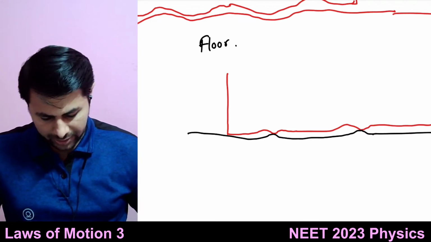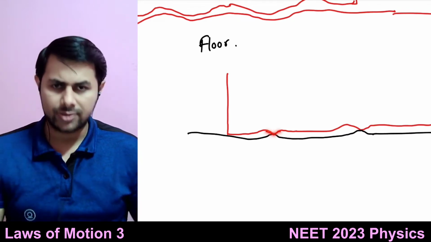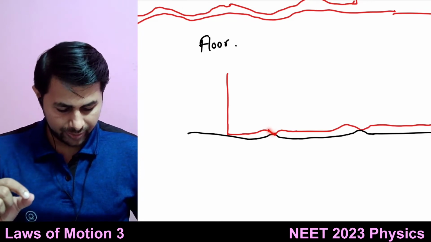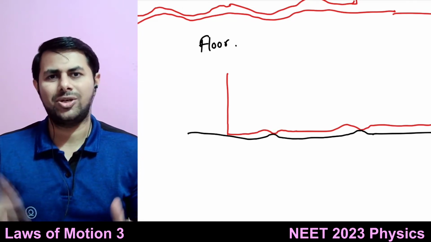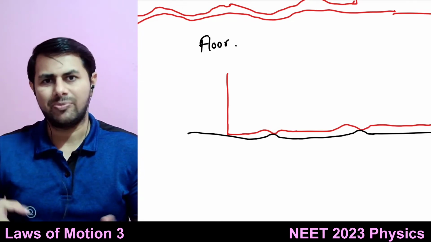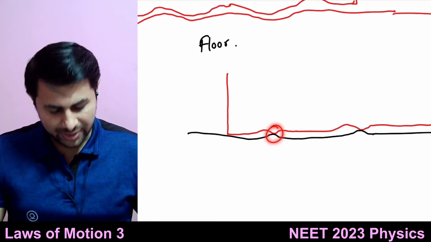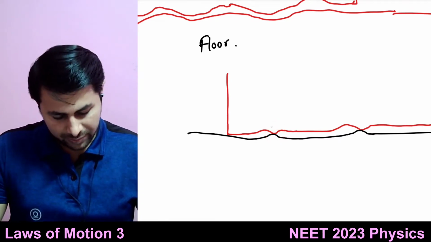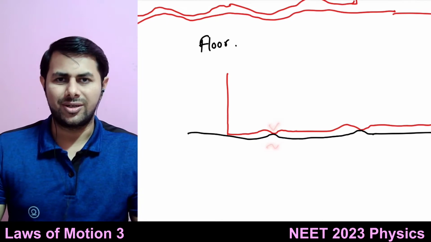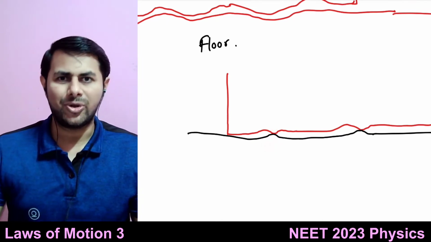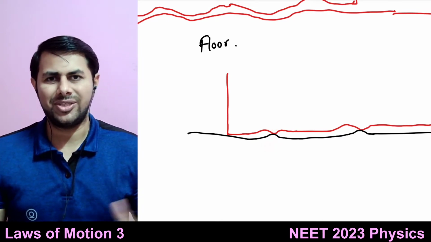If the distance between them is very small, under the range of what we call molecular attraction, then the molecules of block and molecules of floor will not be able to distinguish.